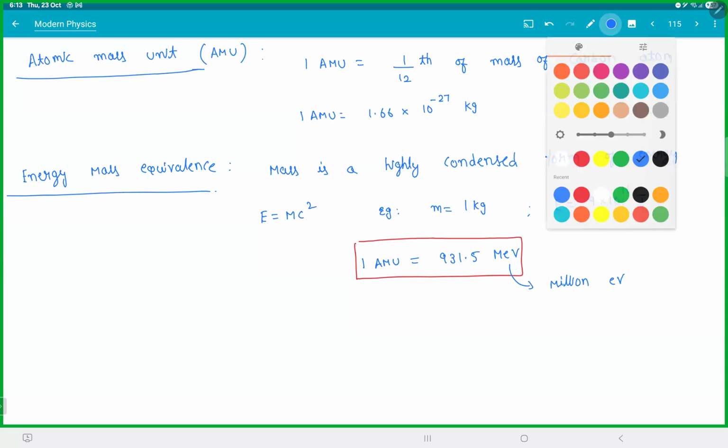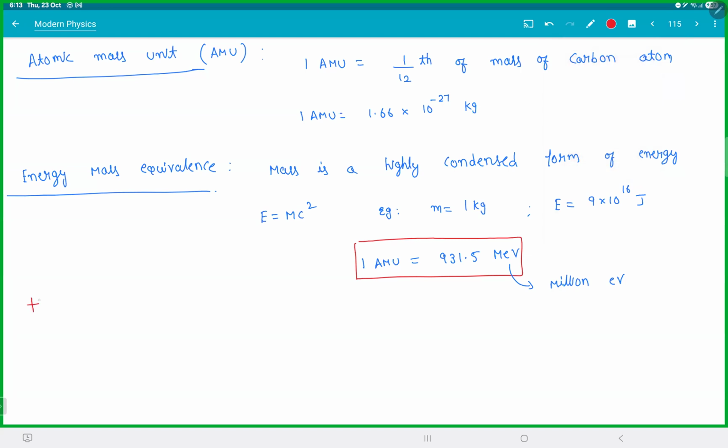So in nuclear reactions, this was a CT question. Which of the following is not conserved in nuclear reactions? There is a statement like that. In nuclear reactions, energy plus mass is conserved.